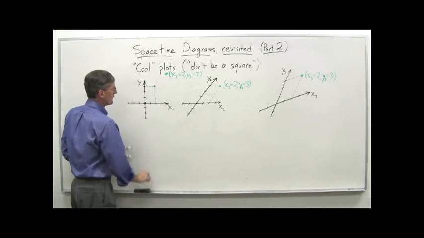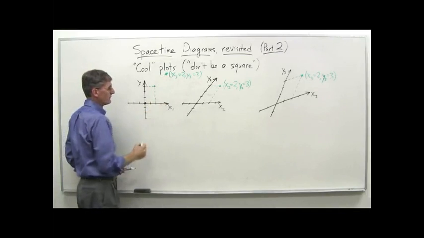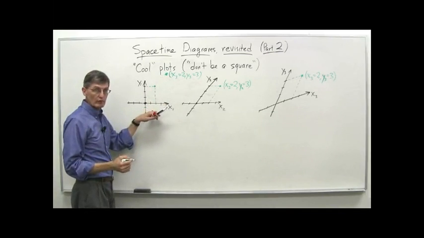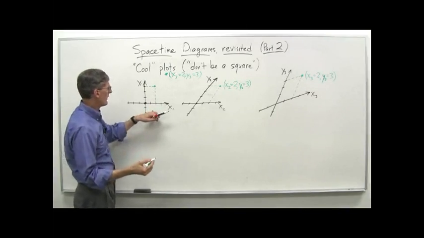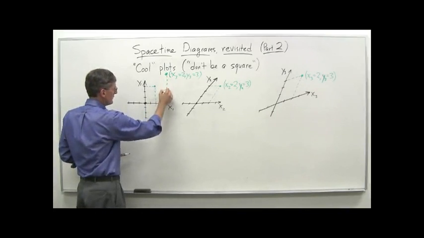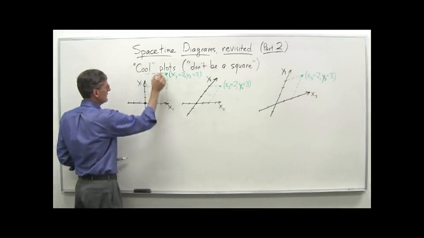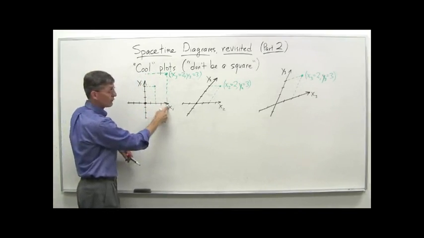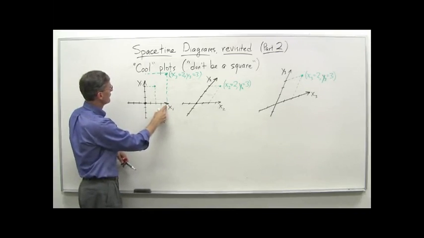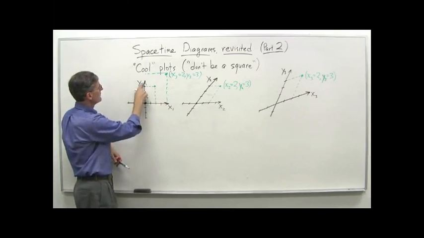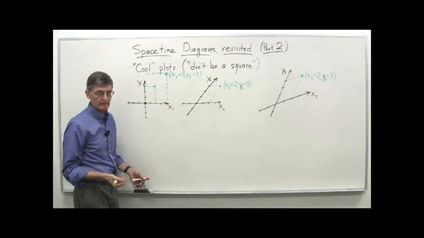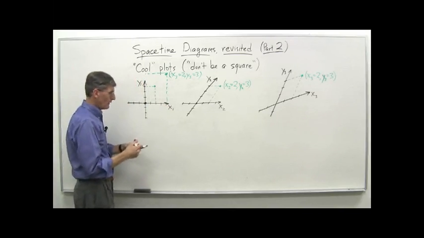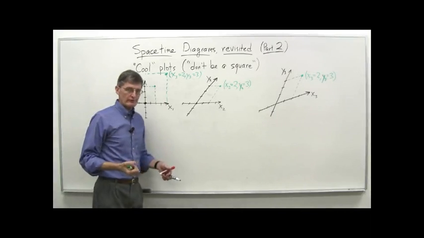What is the value of this point in the x1, y1 coordinate system? Well, again, just eyeballing it, we can see it's something like this, and maybe 1, 2, 3, 4. So maybe it has a value of x1 equals 4, and y1, 1, 2, 3, 4, maybe 5, 4 or 5 or something like that. Okay?